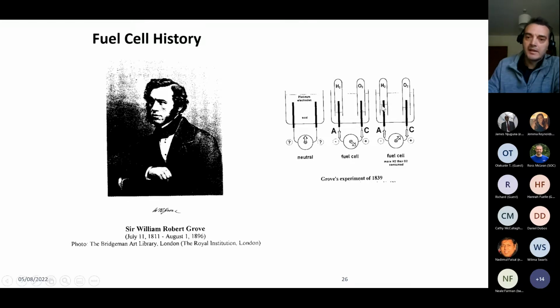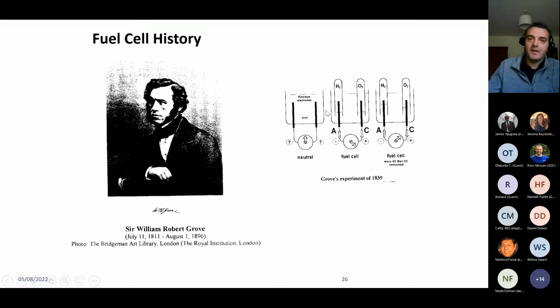Here is something very interesting, because it uses something we're going to talk about later on: platinum electrodes. We'll see later a graph using DFT, density functional theory, ab initio, and other computational techniques showing that platinum is one of the best catalysts. Those people didn't have many computers and they knew.